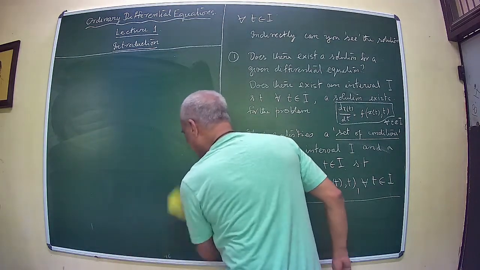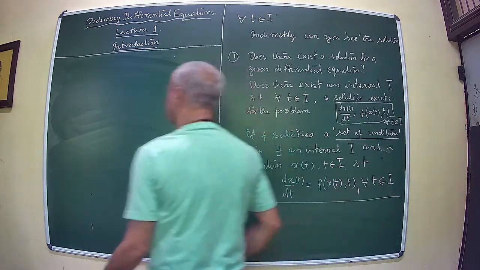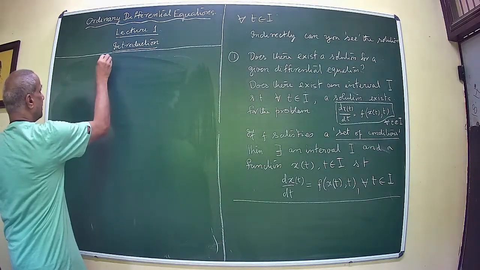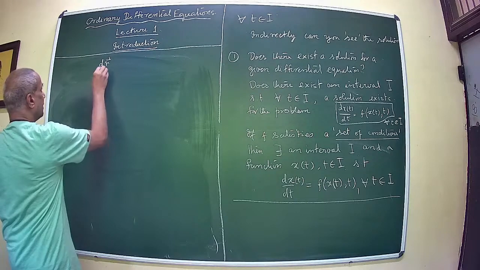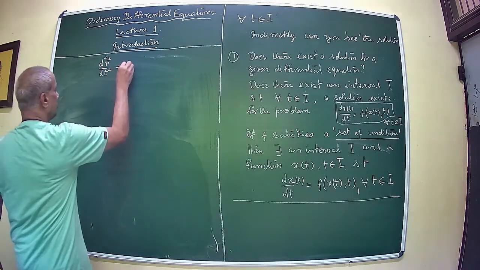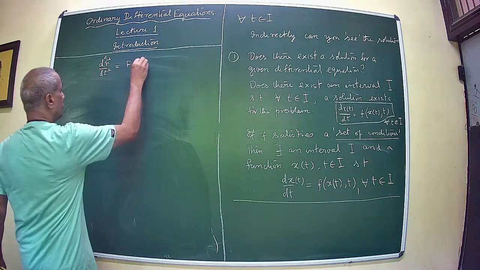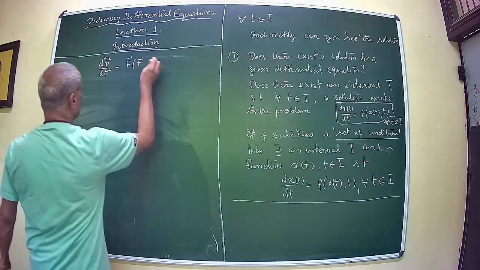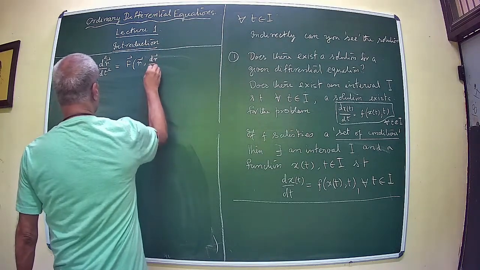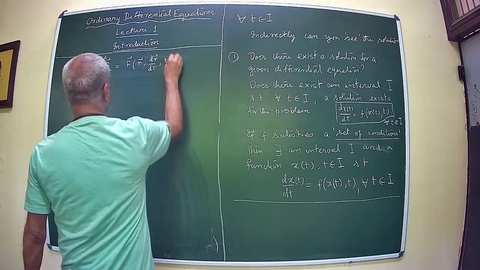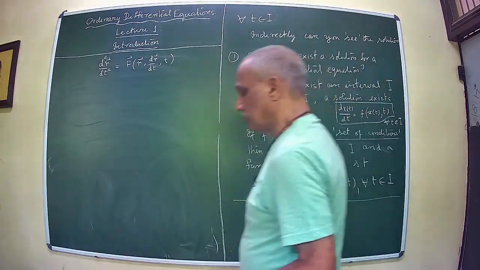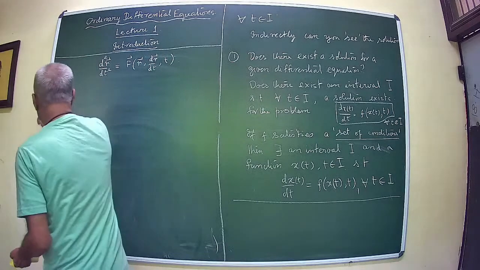The equation that we are looking at, I will write in the vector form since you are already familiar with the notation. This is d²r/dt² equal to, this is a vector, for a given function f.